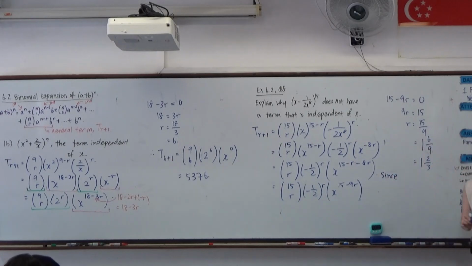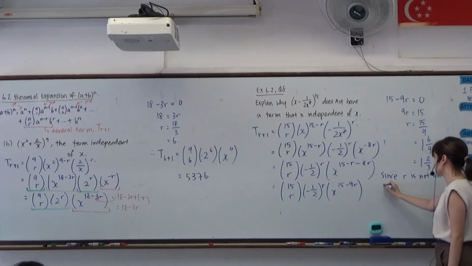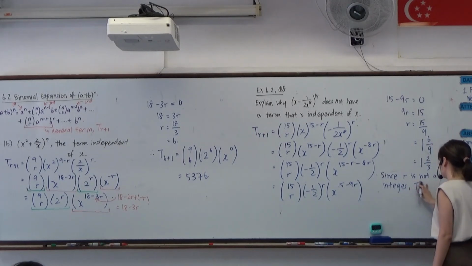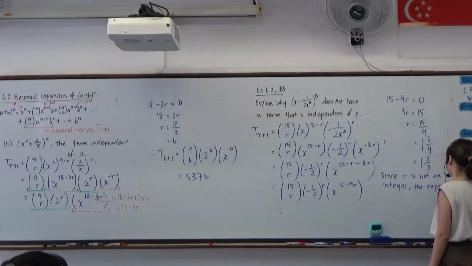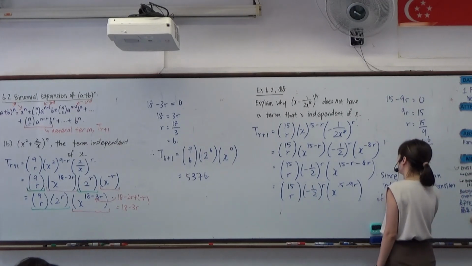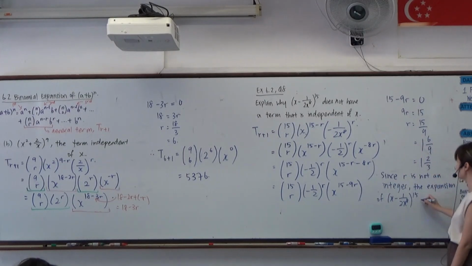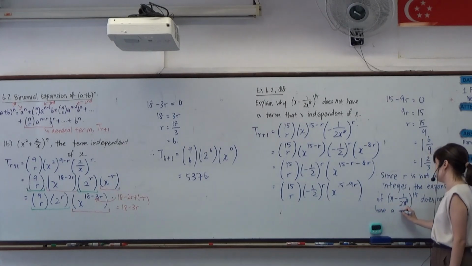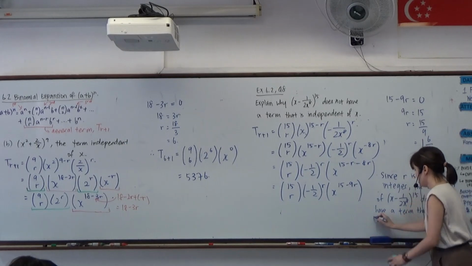So to explain that, we say that since r is not an integer, the expansion of x minus 1 over 2x of 8 of 15 does not have a term that is independent of x.